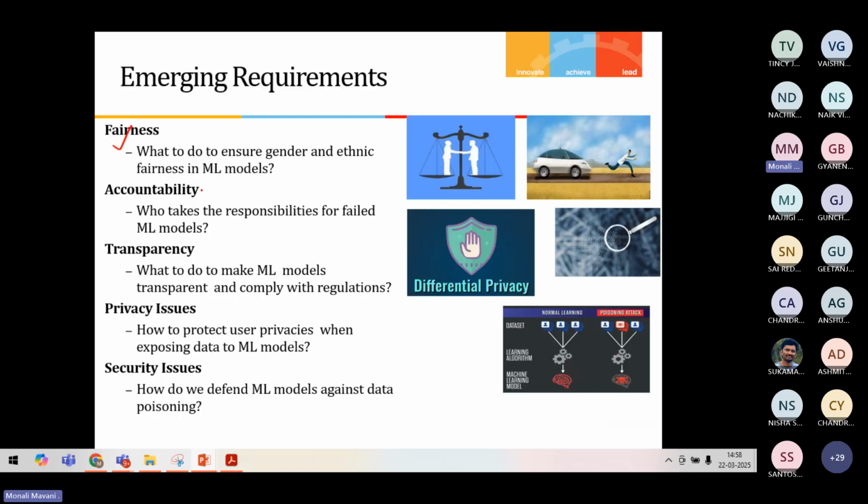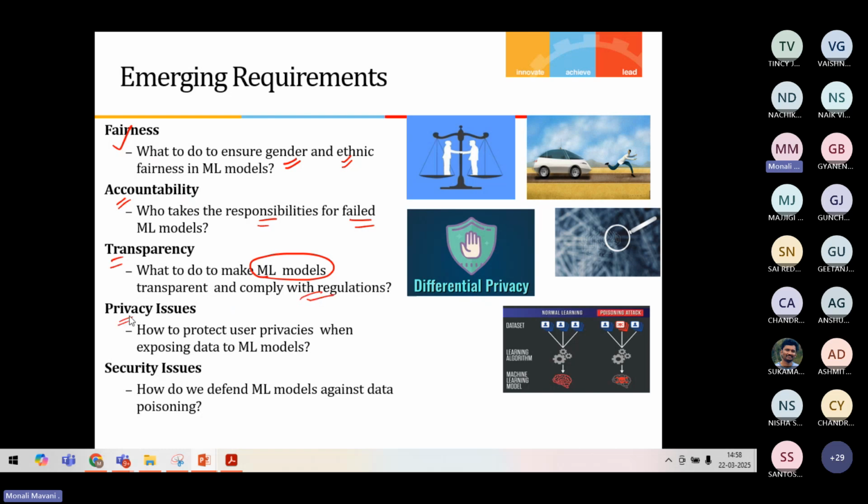So what is fairness in an ML model? It is whether our ML model is biased towards any gender or any ethnicity, so we introduce fairness in the model building. Accountability: when the prediction goes horribly wrong, who takes the responsibility? Transparency: we develop ML models on some data, so do they comply with regulations?